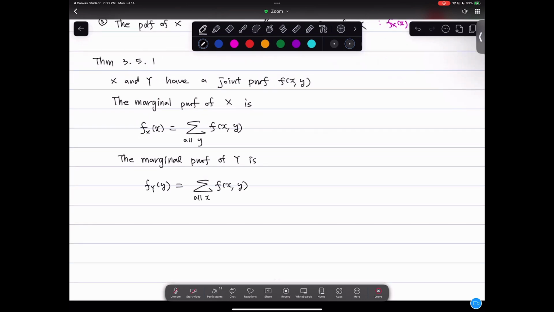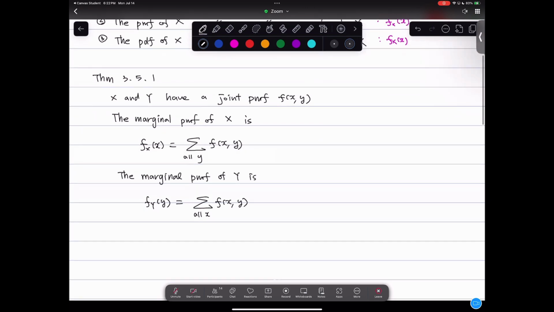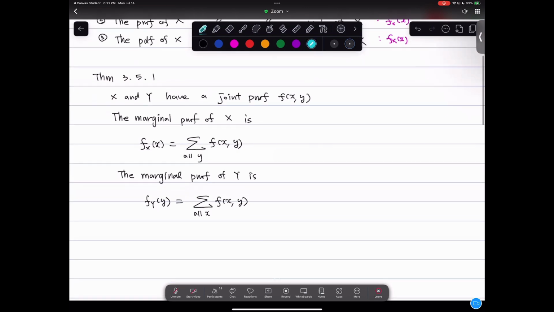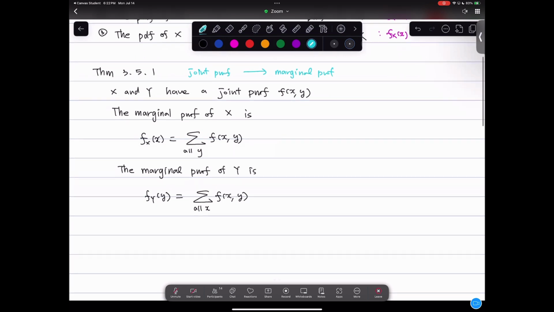So that's the marginal. Again, the theorem is simply saying, from the joint PMF, it brings out the marginal PMF. How do I get it? The joint, the marginal. So that's how I do it.